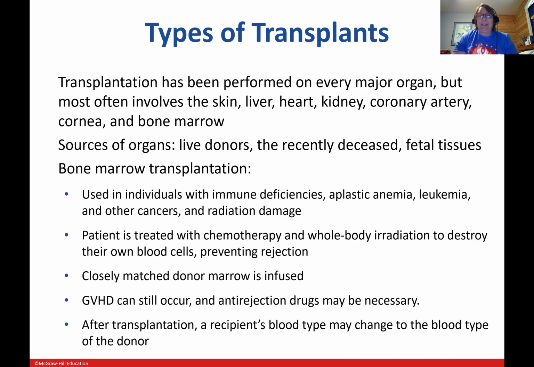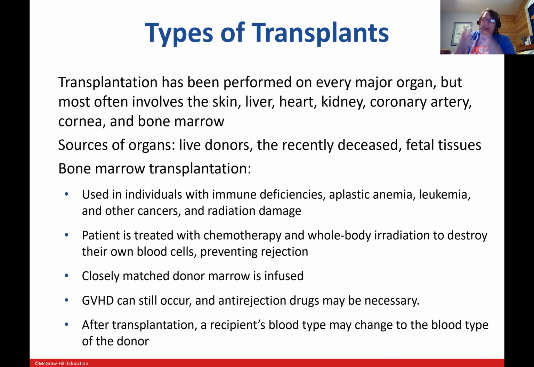Okay, and you can still end up with graft versus host disease, where the bone marrow starts attacking the host cells of the recipient of the bone marrow. So you may, in fact, still need anti-rejection drugs to make the whole thing work. But sometimes when you get that bone marrow transplant, the recipient actually changes their blood type to the blood type of the donor.